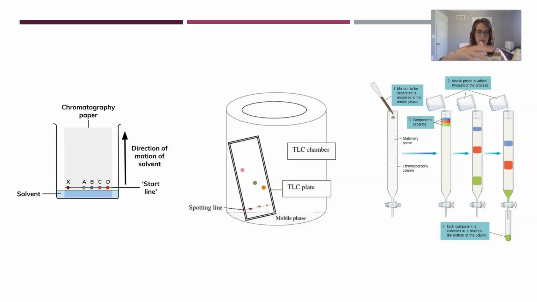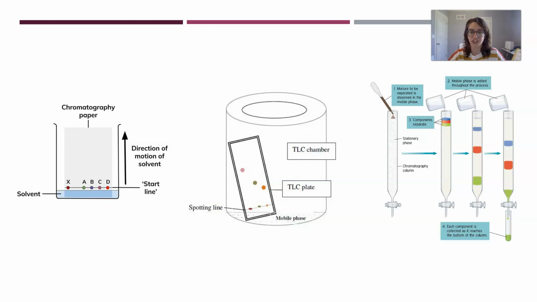Each mixture is represented by one of the dots at the bottom. X would be your unknown, a combination of A, B, C, D, or parts of that, and A, B, C, D are your different components. We can match how they move to what's in the mixture to tell us how much is in that particular mixture.